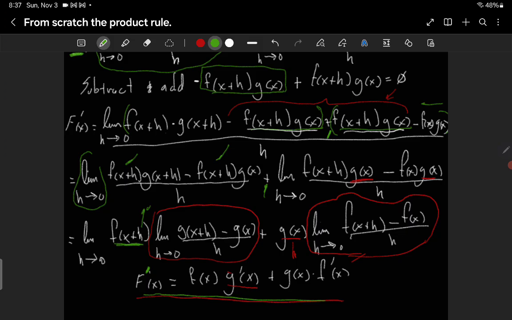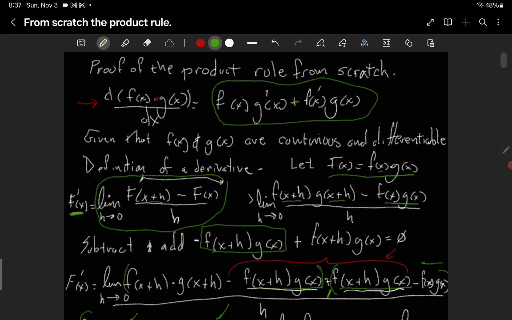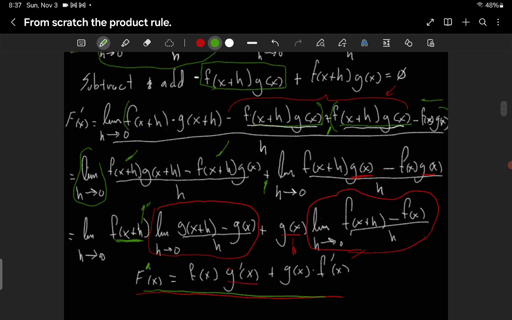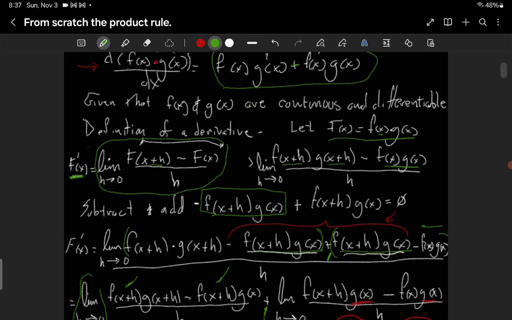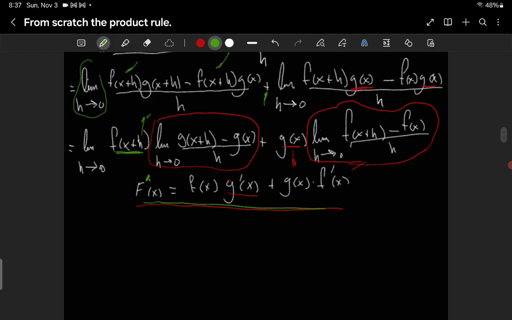That's what I wanted to show way up here. If you take a look at the top, I wanted to prove that this guy, which I let be capital F of x, is equal to f of x times g prime of x plus f prime of x and g prime of x. So the order looks backwards, but there's no reason why I can't change these guys to write it like this.